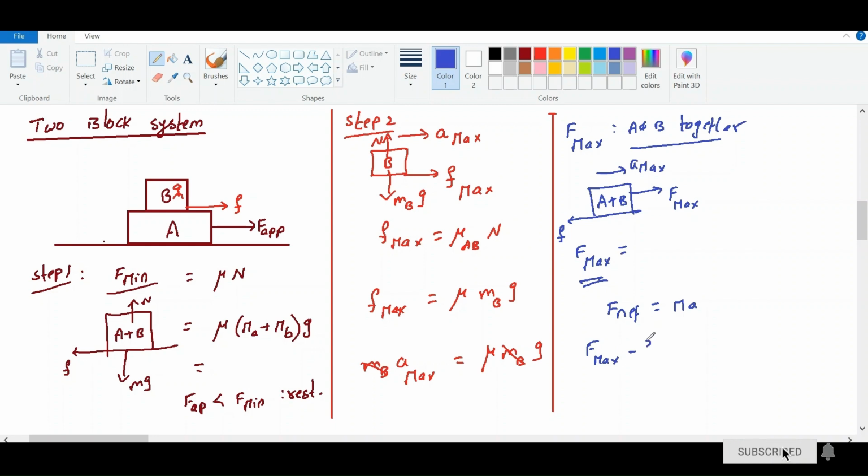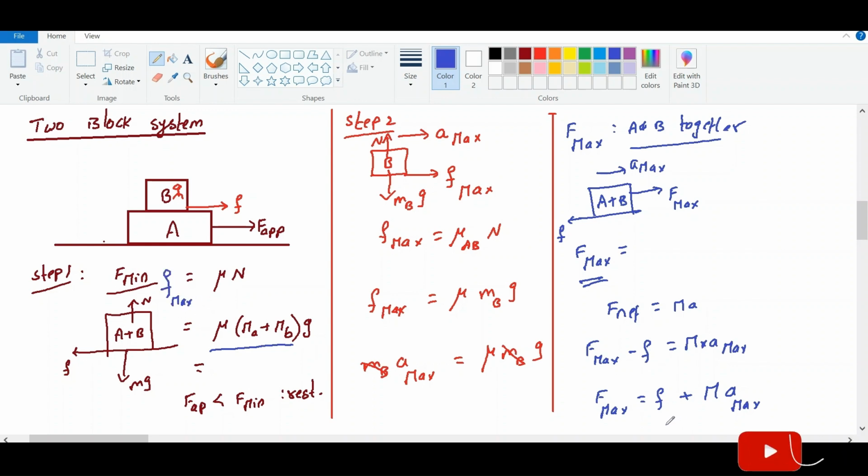F maximum minus friction is equal to MA, total mass into the maximum acceleration we already found. So F maximum possible is the friction between them plus M into a max. This friction we already found, the maximum friction. You calculate this value, and this is the maximum force you can apply on the block such that both blocks move together.